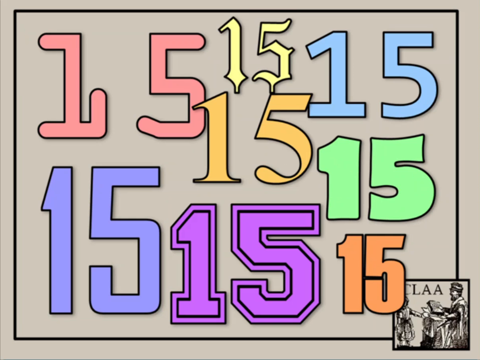Even though there are many different ways the number 15 can be written, we'll always see a 1 in the tens place and a 5 in the units place. All of these numbers are 15s, even though they look very different.